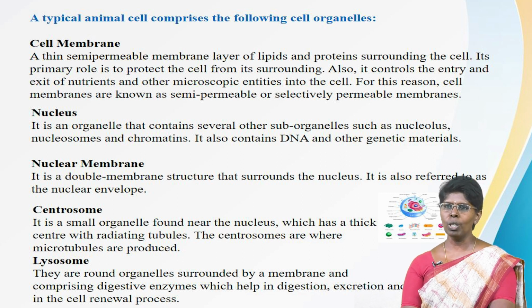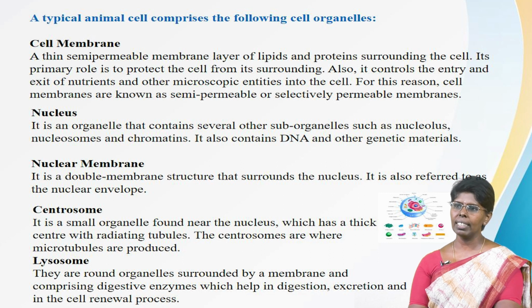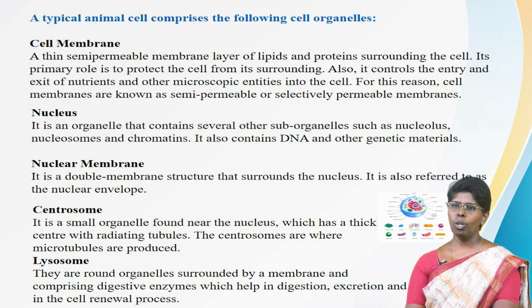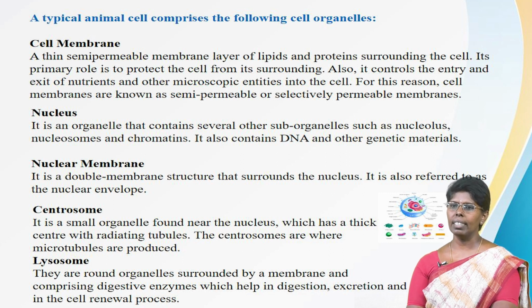So, what is the nucleus? It is an organelle that contains several sub-organelles: the nucleolus, nucleosomes and chromatins. It also contains DNA and other genetic material. What is the nuclear membrane?